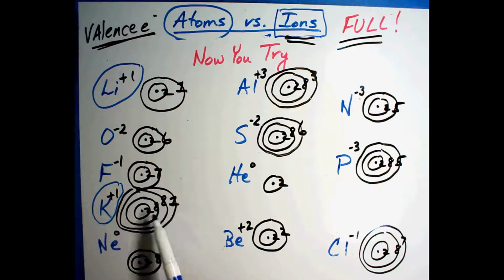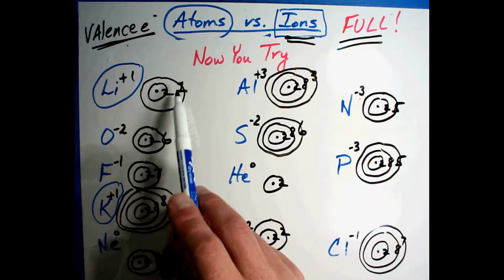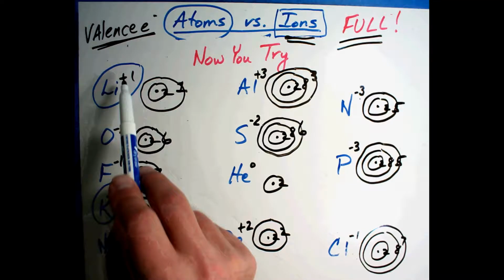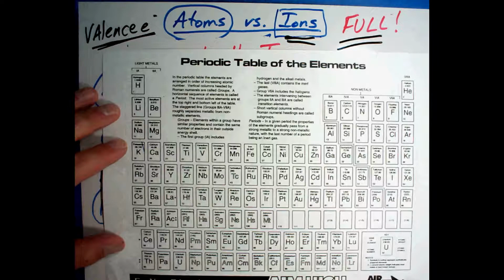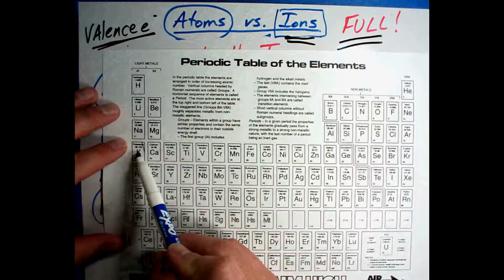Now, why is that important? All the rings inside that are already full, that's great, but it's these electrons in the outside ring that we're having to deal with so much. That's why they have a special name. So this guy and this guy both ended up with a +1 charge. If you look at your chart, lithium and potassium are in the same column.